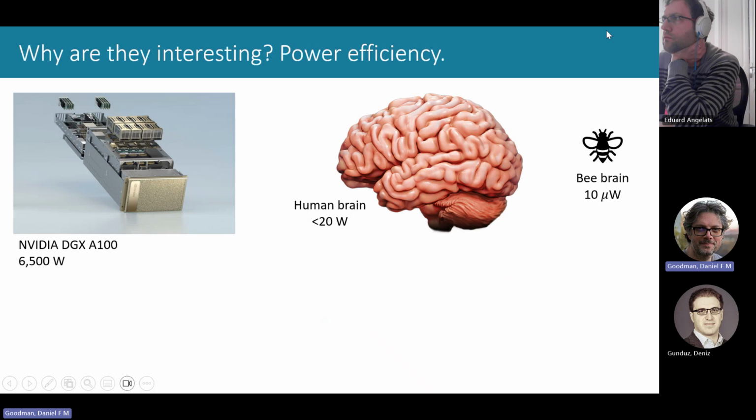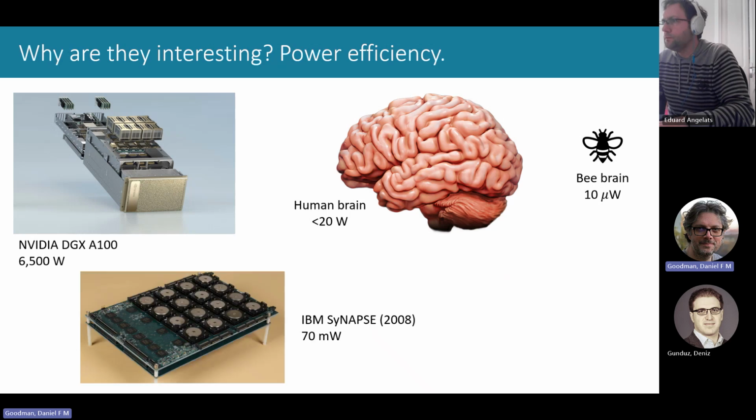So you can take these brain-inspired principles and build hardware that uses them. An example of this from 2008, there's more recent stuff, but there's a nice picture of this one, so I used that, is the IBM Synapse chip, which runs spiking neural networks in a way that the hardware is designed to match what those spiking neural networks do.